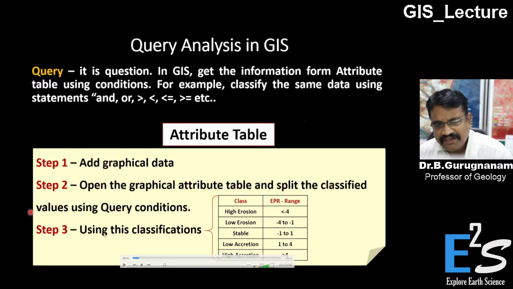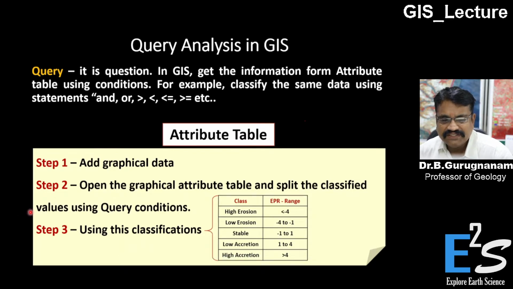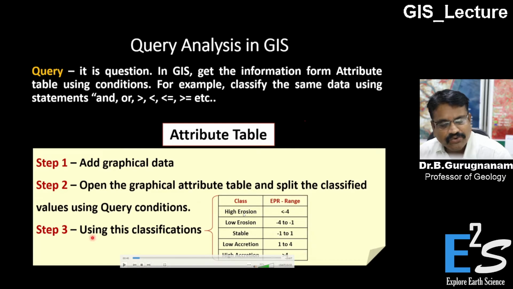There are three steps here. One is adding the data, second is opening the attribute table and splitting the classified values using query conditions, and third is making use of this classification. The classification we are going to use as an example is the endpoint rate, that is the erosion in the coastal domain.